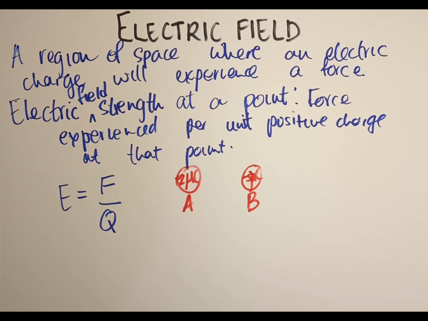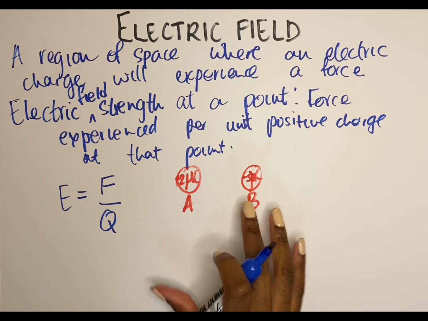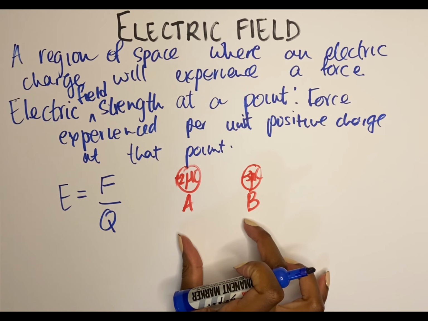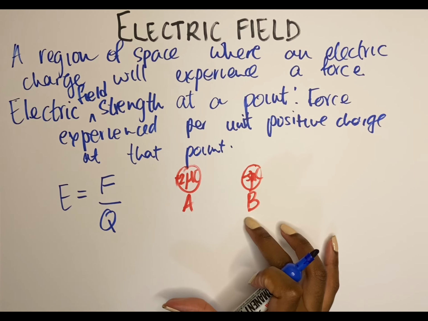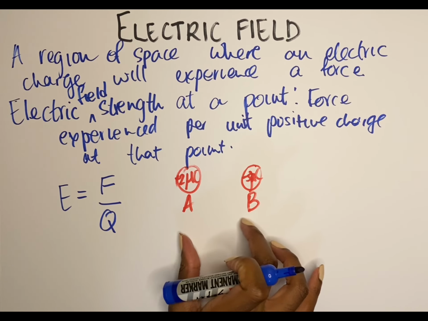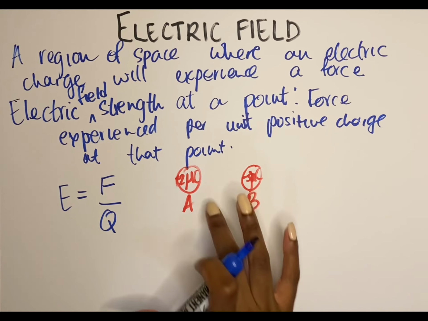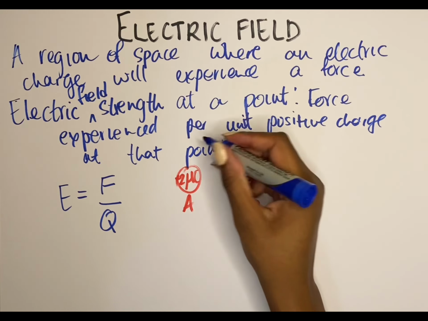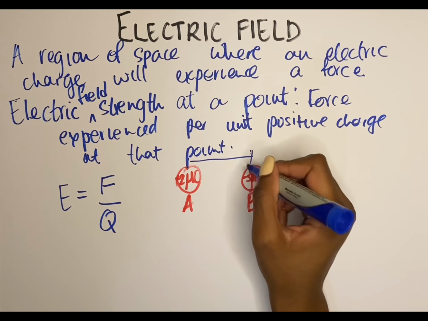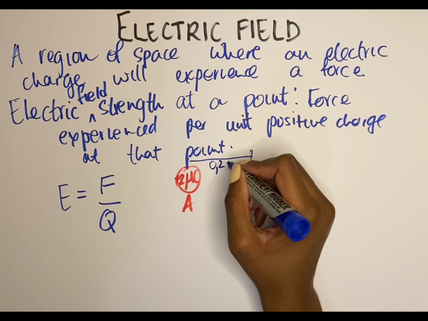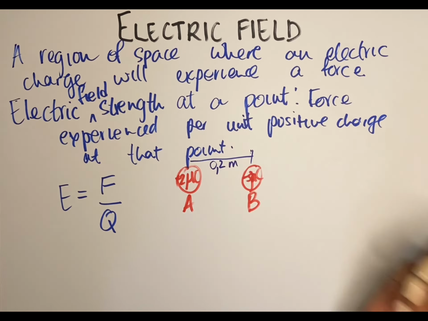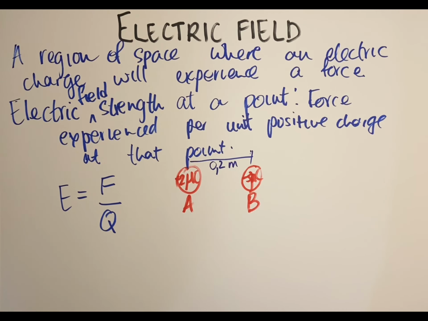So now you can use the force that is experienced between these two charges. If this is a negative charge and this is a positive charge, then there's an attractive force between the two. You can calculate the magnitude of the force if you have the distance between the two. Let's say you're given the distance. Then you can calculate the electrostatic force.